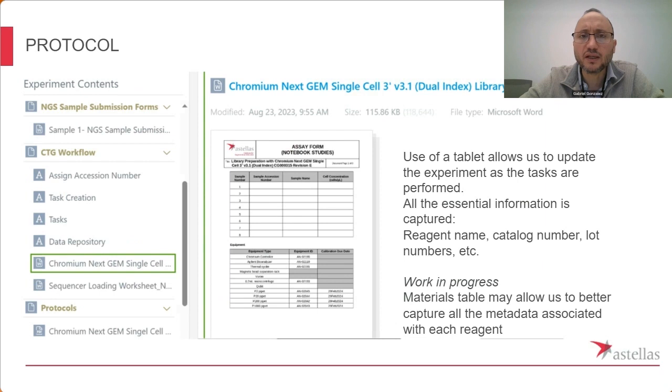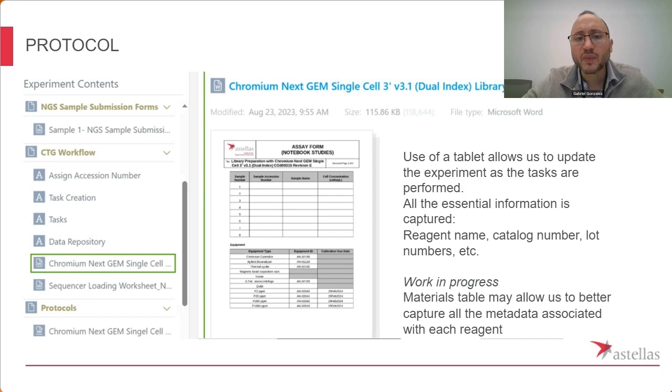And so in section number 2, the analyst section, we have all the documentation, like I said, to make it easier for the analyst to perform all the tasks. I'm showing an example of the workflow that we use, and we can use a tablet, for example, to update the experiment and all the tasks performed.